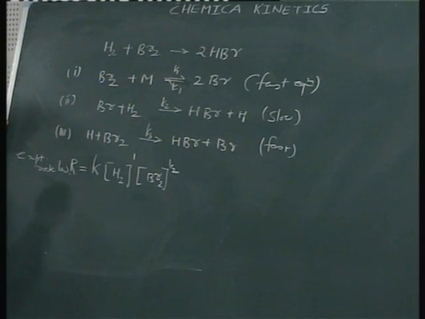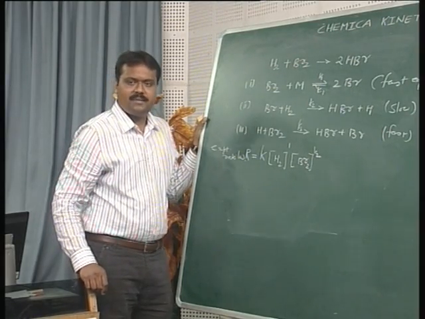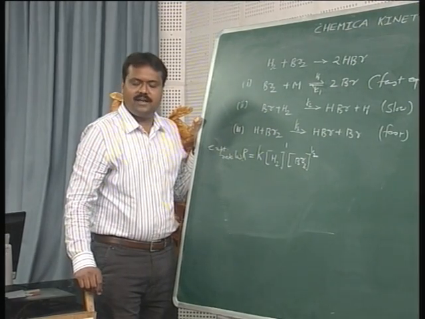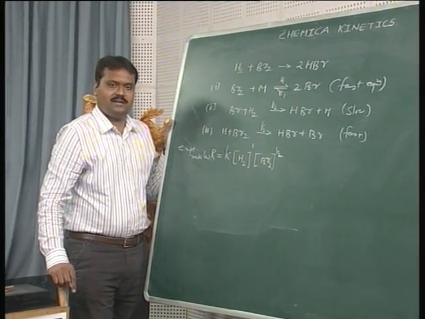Now to have the rate law from the mechanism, we should focus on the slowest step of the mechanism. By rule, the slowest step is the rate determining step of the reaction, and it will control the rate of the overall reaction.